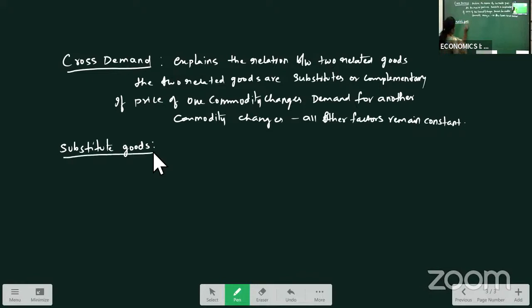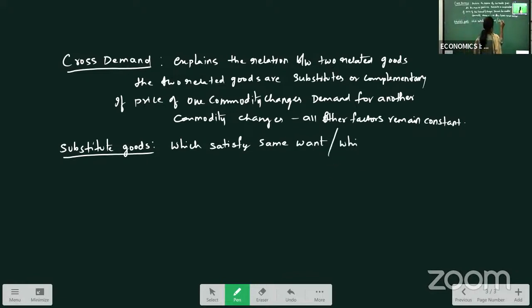The goods which satisfy the same want, which can be used in place of another.